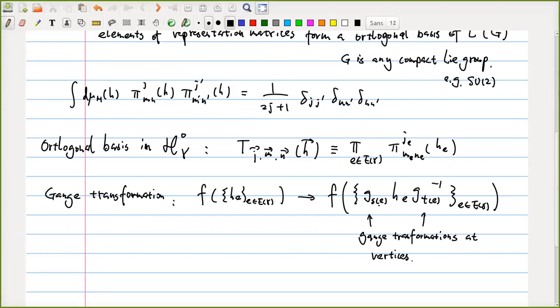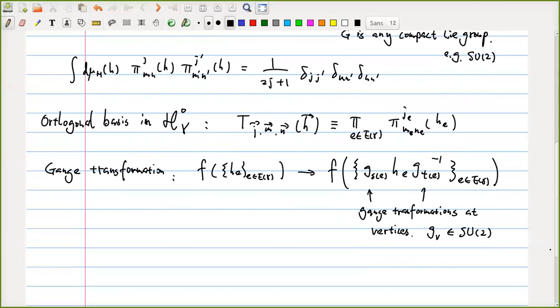Source is the starting point of the edge, and target is the end point of the edge. So at every vertex v, G_v belongs to SU2. Clearly, they are gauge transformations, right? And it gives a physically equivalent state. So what we are actually looking at is some gauge invariant states.